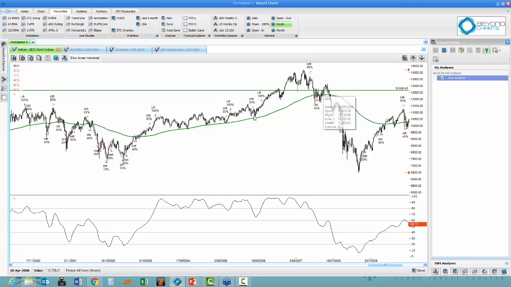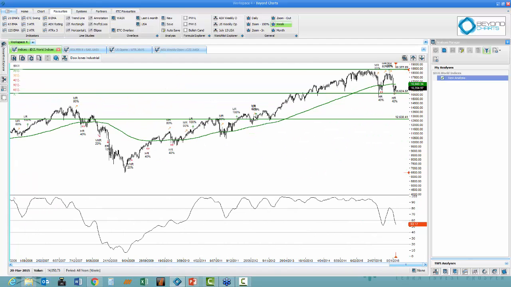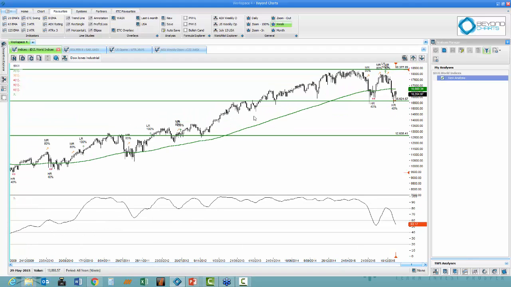We tried really hard to come back up and remain above that neckline, but we failed at that level, and then the market really capitulated at that point in time. So we're certainly nowhere near this type of level at this point in time. We really just need to wait and see what's going to happen over the course of the next few weeks along the way. So just bear that in mind.